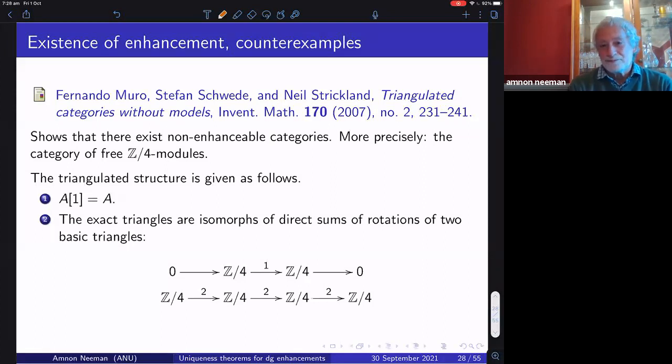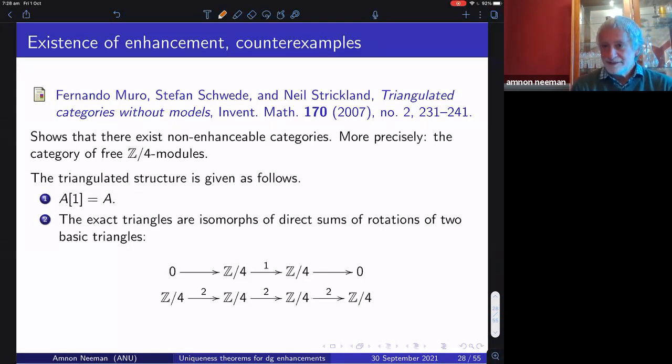So the triangulated category structure is given by the suspension. The shift functor is the identity. And the exact triangles are all isomorphs of direct sums of rotations of two really simple exact triangles.